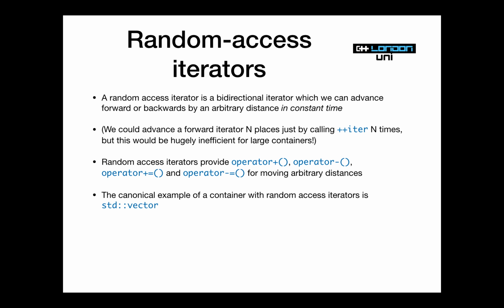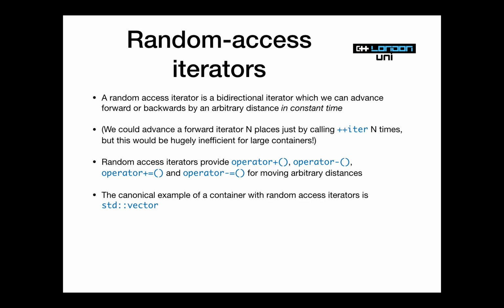Yes, as I said here, you can advance n places just by calling plus n times. But the problem is, if I've got 10 million things in my collection, and I want to go from position 1 to position 999 million, I've got to do 999 million individual steps to get there.